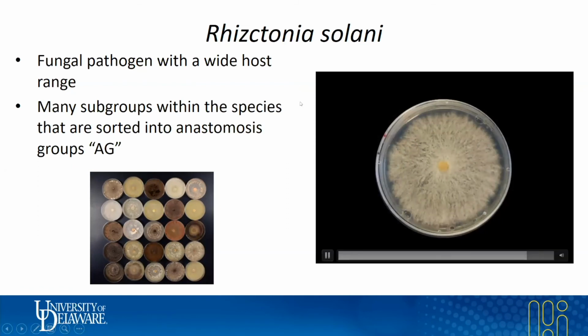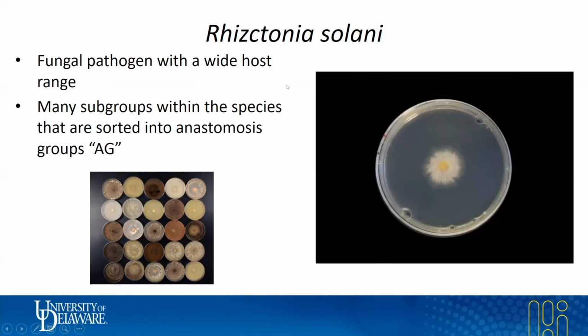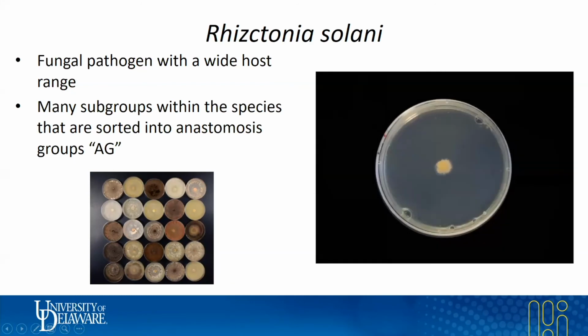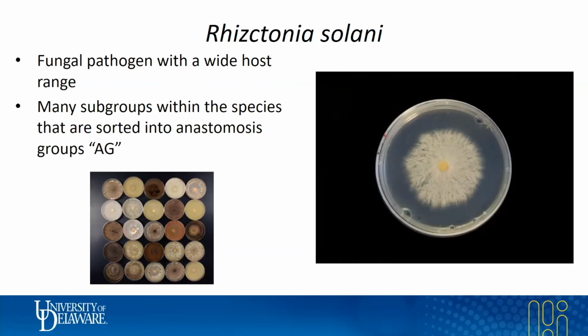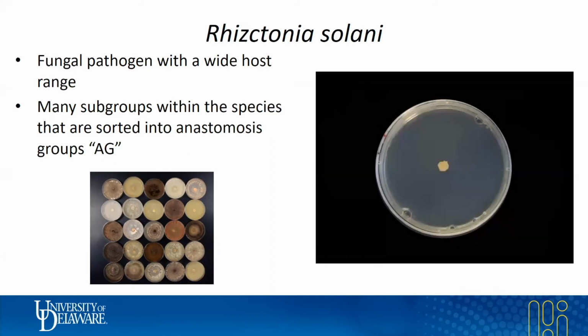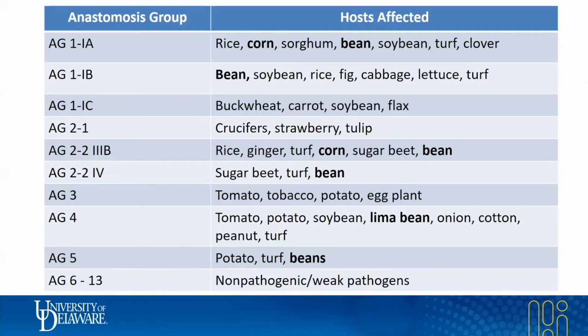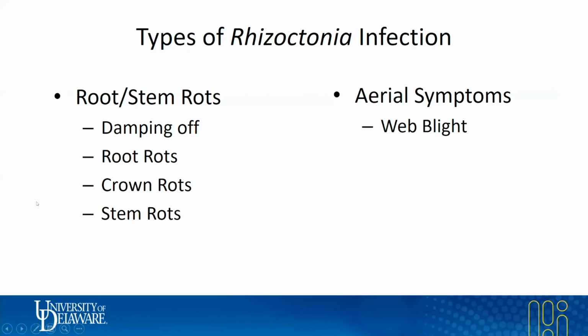With Rhizoctonia solani, this one is a fungal pathogen, and there are lots of subgroups within Rhizoctonia solani, and they get sorted out into these things called anastomosis groups, and a lot of times these end up being somewhat host specific. So this is a list just showing some of the anastomosis groups that are out there, and I've put in bold some of the ones that we see within corn, within bean, and some of our veggie production. This AG4 is one that I'll touch on in just a second.